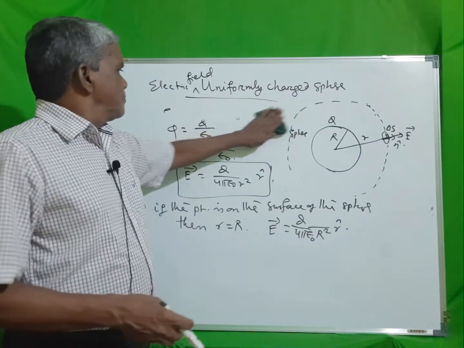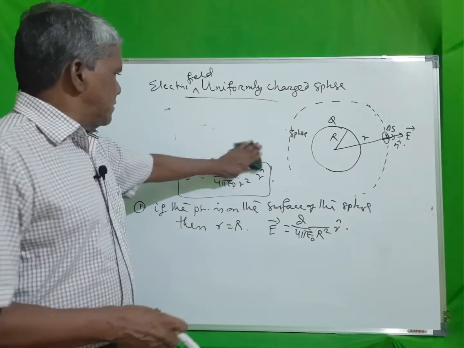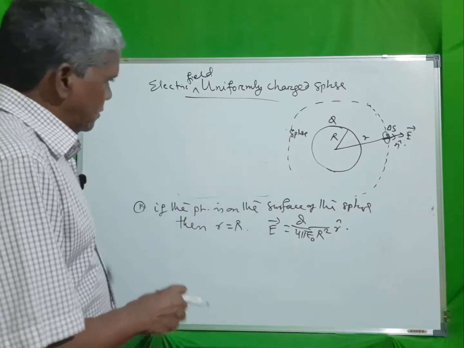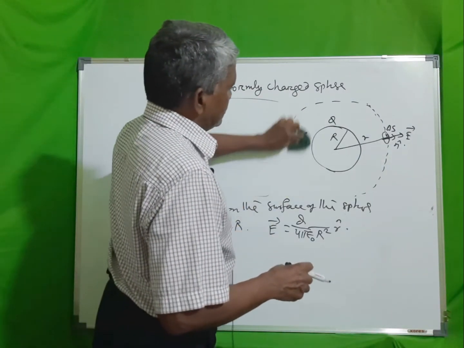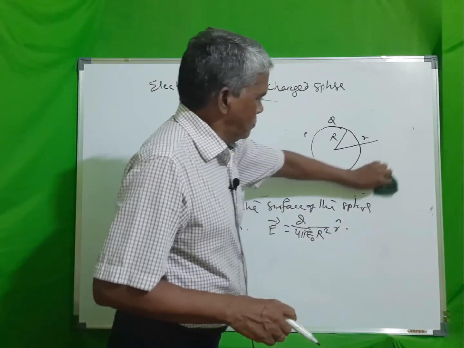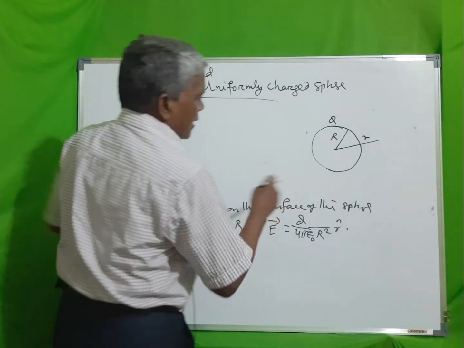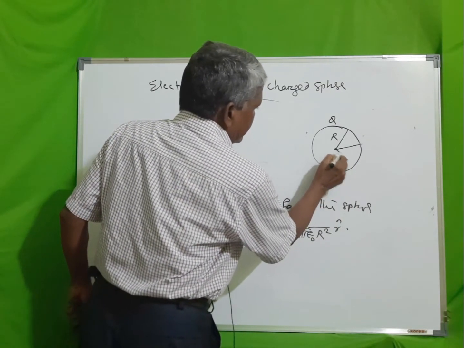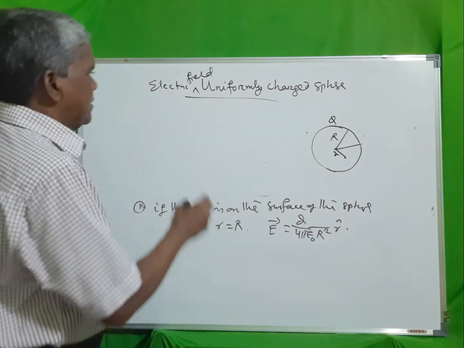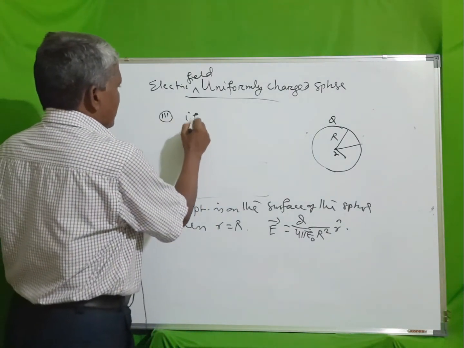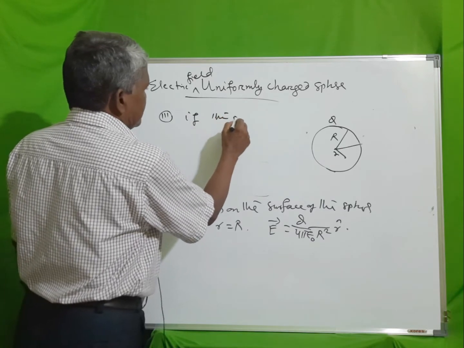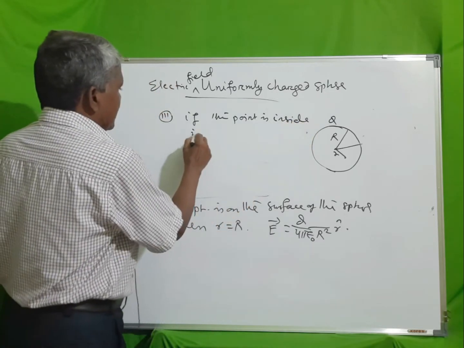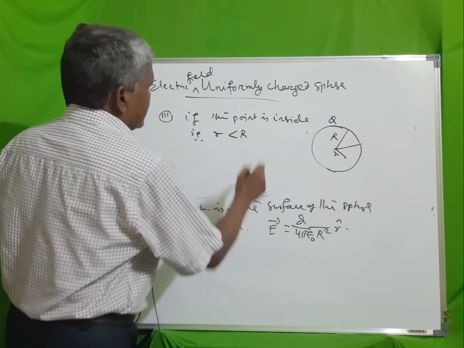Case 3: if the point is inside the sphere. Let us take a point at distance small r, that is, r is less than the radius of the sphere.